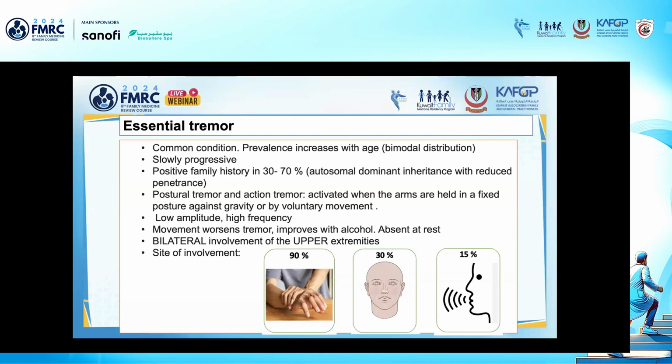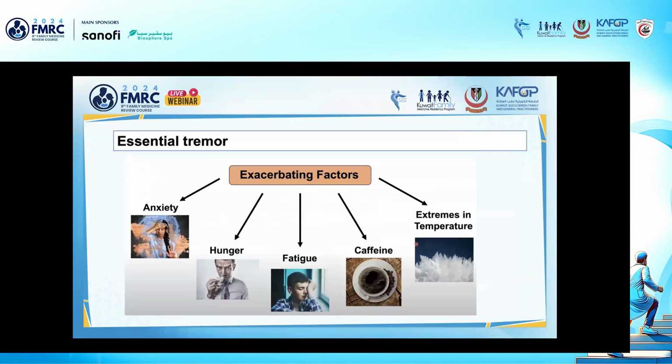But there must be hand involvement. Otherwise, if it's only head involvement, then this excludes essential tremor. Usually it is exacerbated by anxiety, hunger, fatigue, caffeine, and extremes in temperature. These factors also exaggerate the physiological tremor that we are going to talk about.